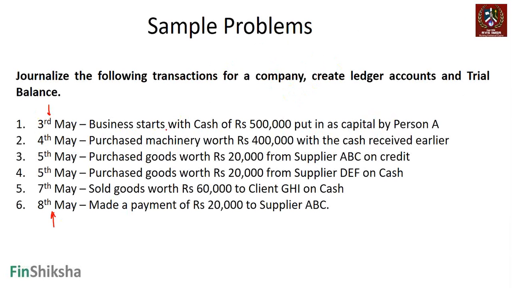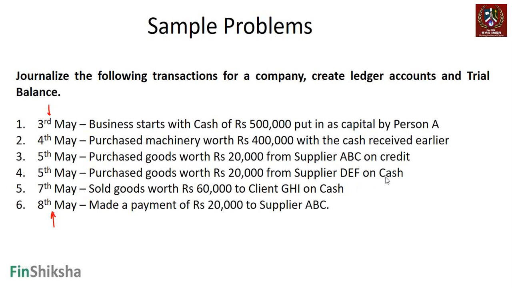So the company starts the business with cash of rupees 5 lakh put in as capital by a person A. Purchased machinery on the next day worth rupees 4 lakhs with the cash received in step 1. Next day purchased goods worth 20,000 from supplier ABC on credit, and the same day purchased goods worth 20,000 from supplier DEF on cash.